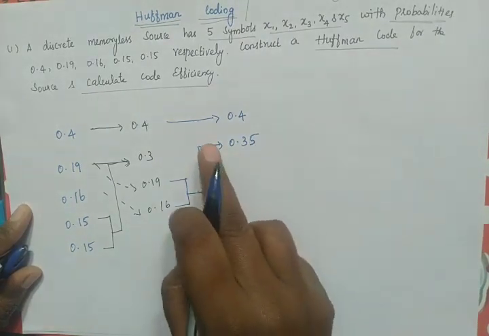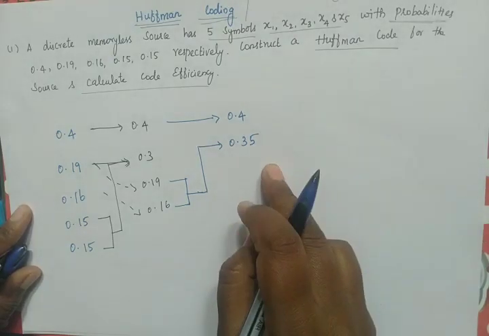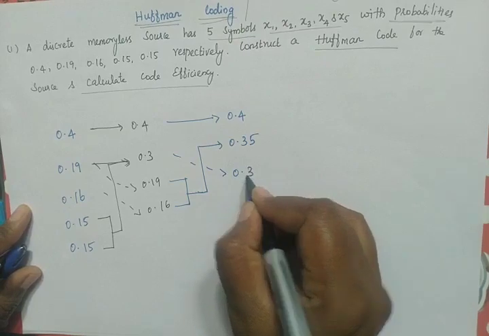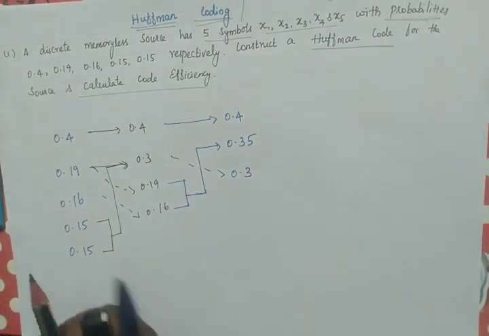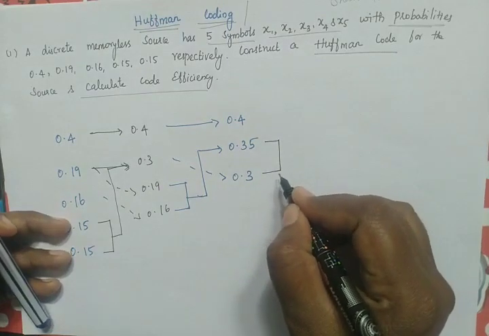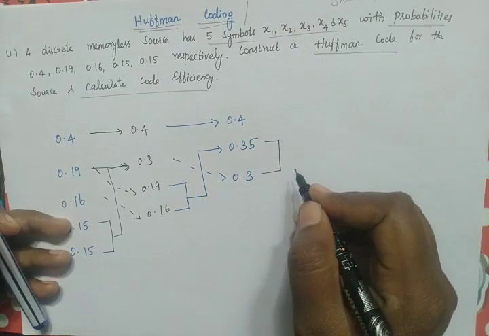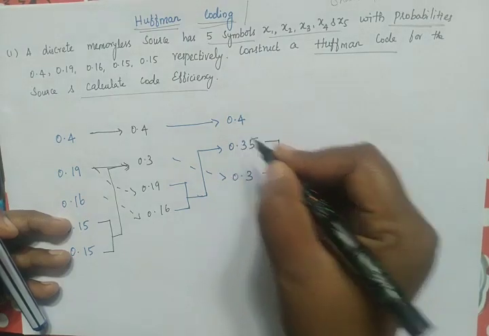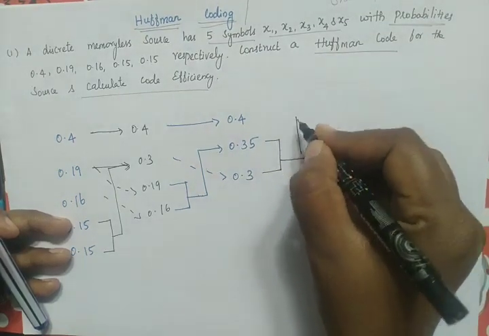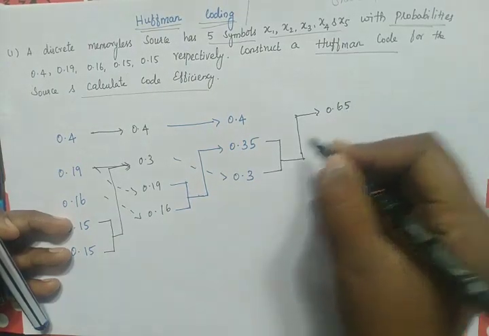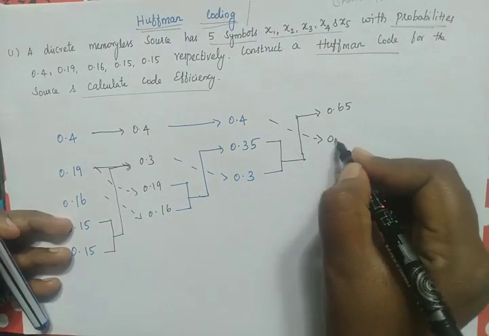After adding these two numbers, we have to place them as per the descending order. Now take this 0.3. If you add these two probabilities, 0.35 plus 0.3, you get 0.65. Now this is greater than this 0.4. So take this here, so that we will get 0.65 and here it is 0.4.